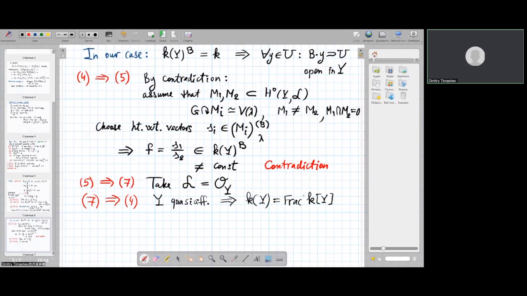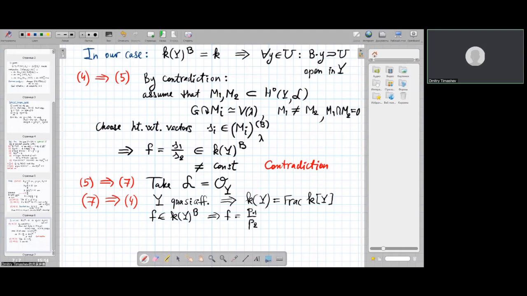In particular, if I take any B-invariant rational function, say f, I can represent it as a ratio of two polynomials, say P1 over P2.